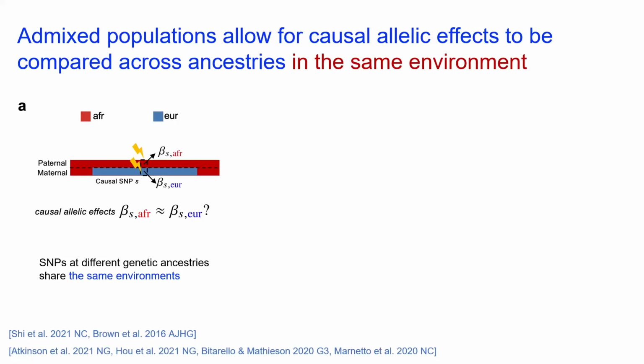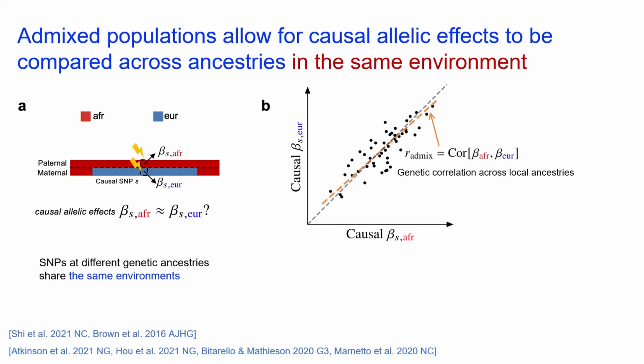Are the effect sizes on European backgrounds the same as on African backgrounds? And because we found out over the past 10, 15 years that all human diseases have lots and lots of causal variants or risk-associated regions, we shifted from looking at one variant at a time towards a genome-wide model that simply says, if I plot the effect size in Europeans versus the effect size in Africans, is the slope close to 1 or not?